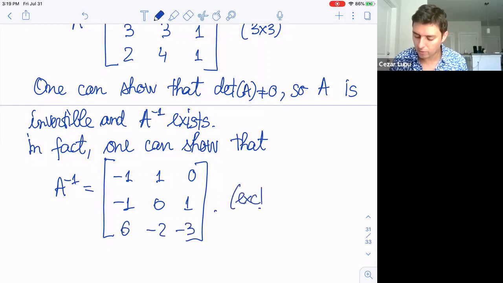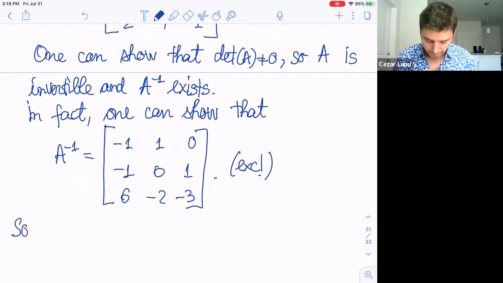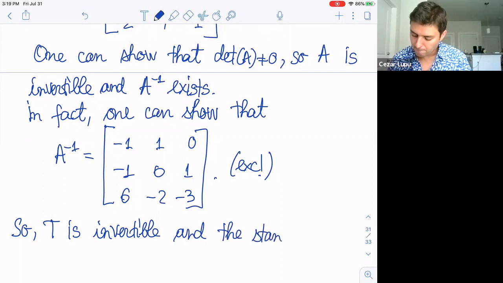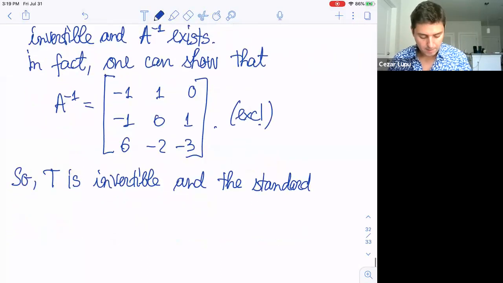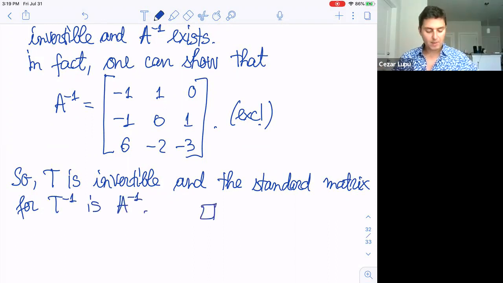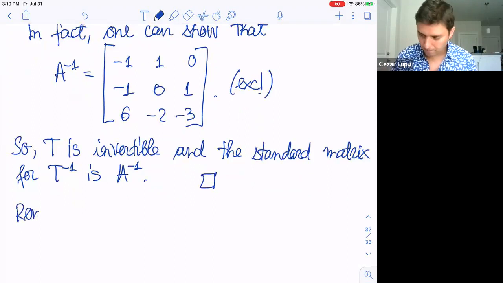I'll leave it to you as an exercise to show that. That's it. So T is invertible, and the standard matrix for T inverse is A inverse. Now let me point out a remark.